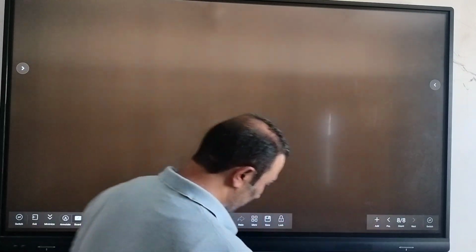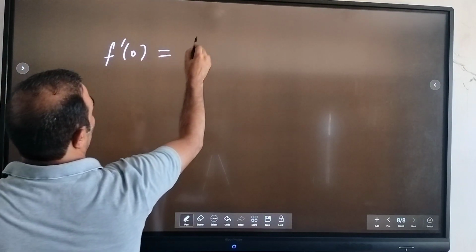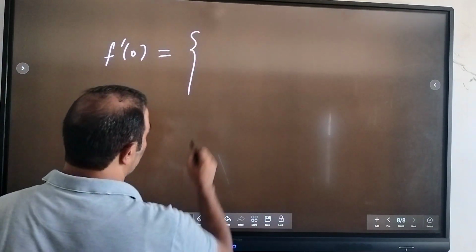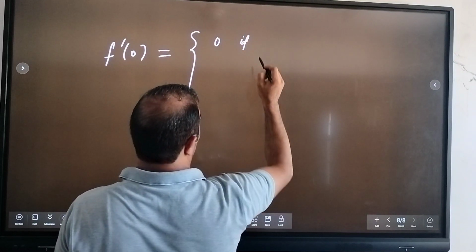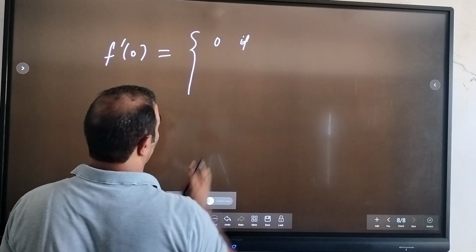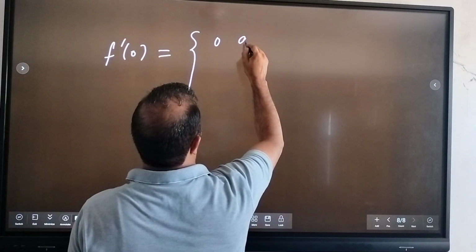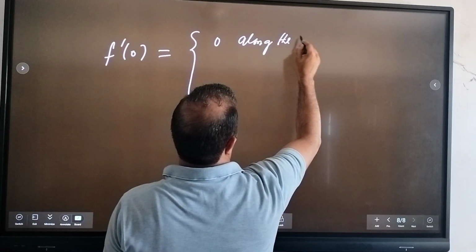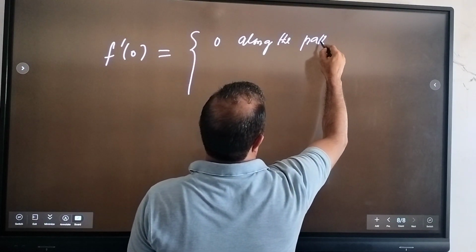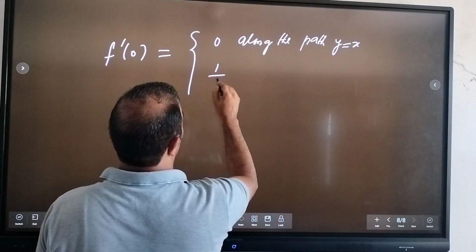So just check that, because we can say that for this f dash of 0, we have two cases here. The first case is that it is 0 if y equal to x, and it is equal to 1 by 2 in the other.